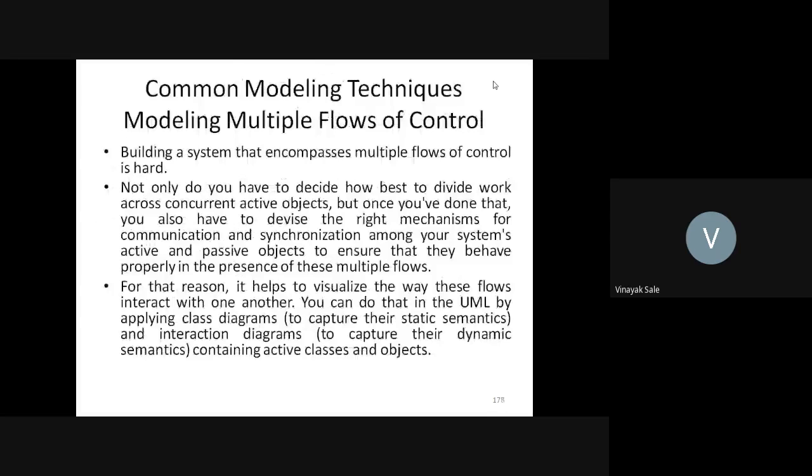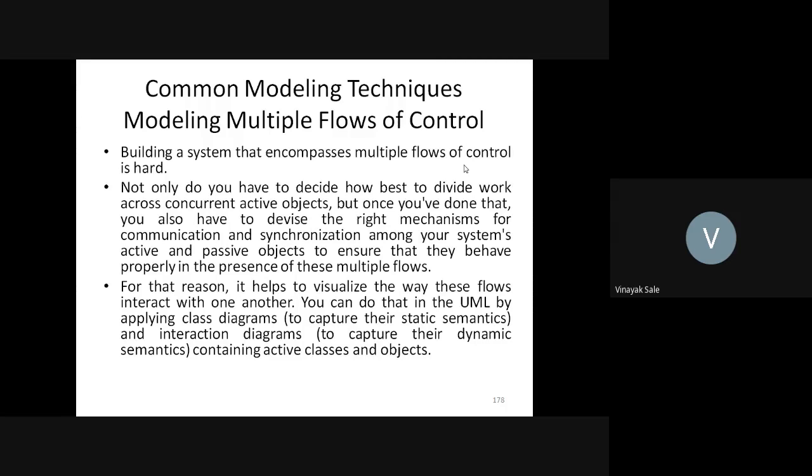So, what are the common modeling techniques? Modeling multiple flows of control. Building a system that encompasses multiple flows of control is hard. Not only do you have to decide how best to divide work across concurrent active objects, but once you have done it, you also have to devise the right mechanisms for communication and synchronization among your system's active and passive objects to ensure that they behave properly in the presence of these multiple flows.